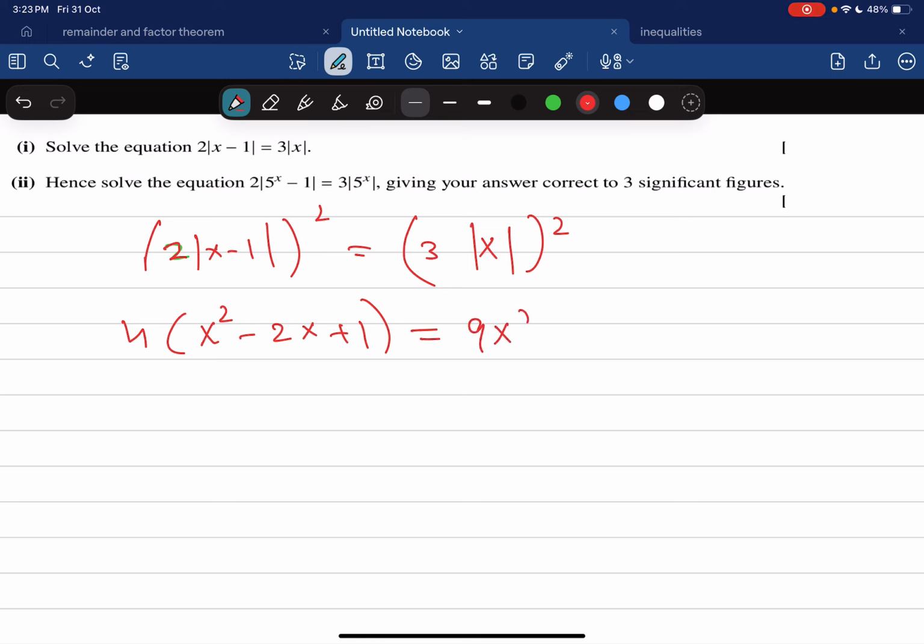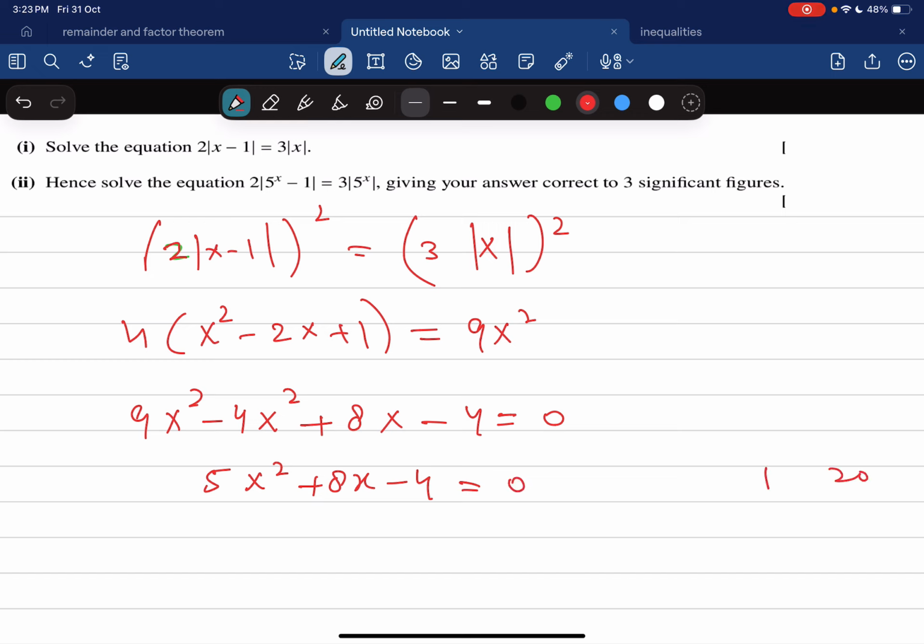9x square. Take the left side to the right side: 9x square minus 4x square plus 8x minus 4 is 0. So 5x square plus 8x minus 4.